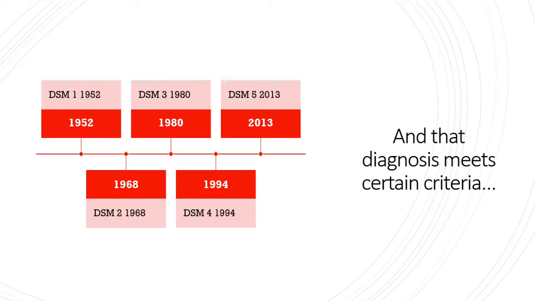The first DSM was published in 1952, and it contained some diagnoses that we no longer have. For instance, in both this DSM and this DSM, homosexuality was a diagnosable illness. You could diagnose people as being gay and send them away for psychiatric treatment.